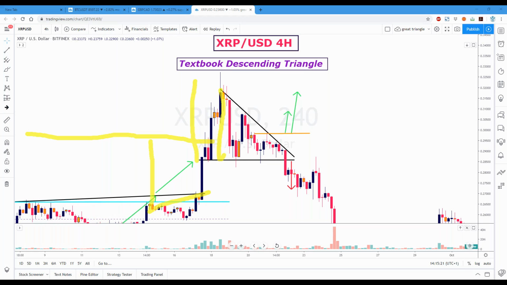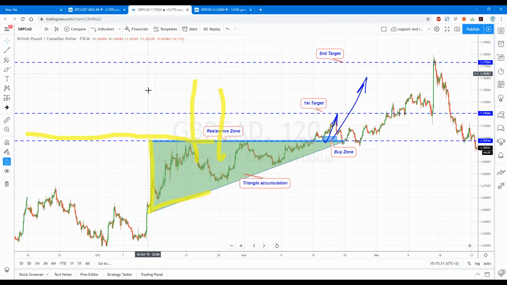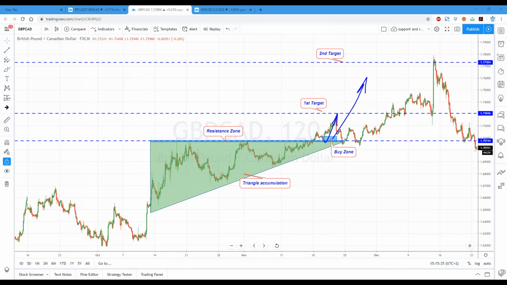We can then calculate our basis by taking this height and, at the breakout point, taking that to use it to set our target.